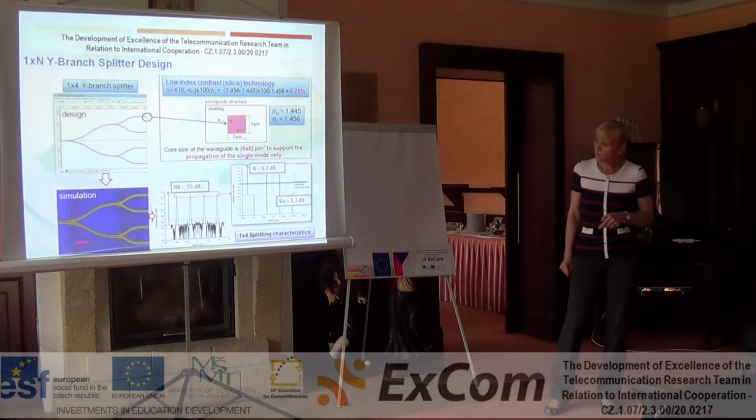Here you can see already the simulation. In the branching points, you have some splitting and some scattering of the light. You can see it also here. What you cannot see here is that also during the passing of these branches, there is some scattering of the light.